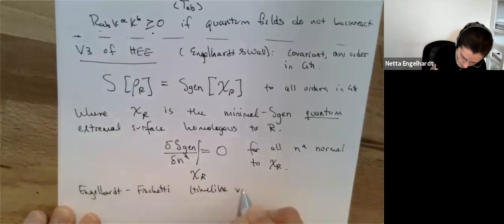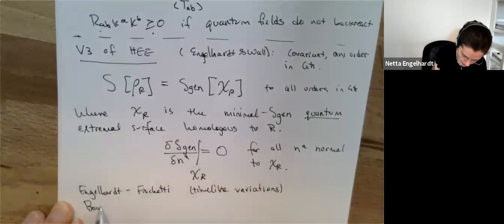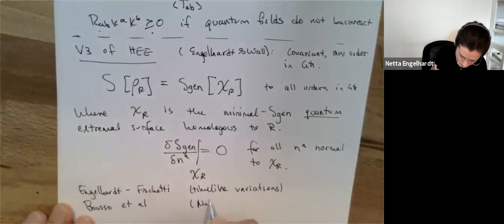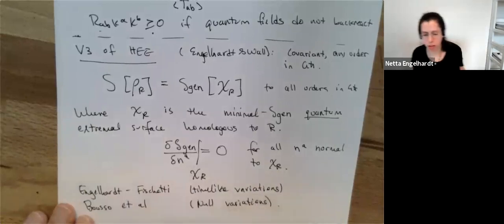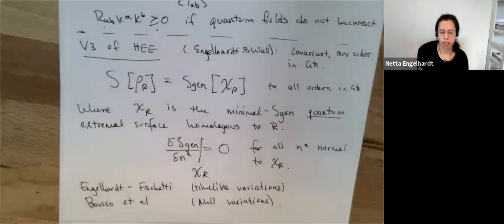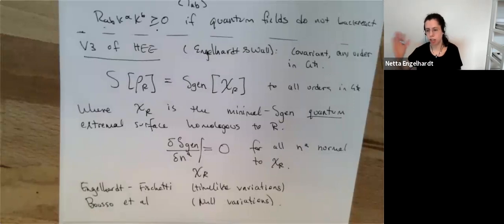But I would say more intuitively, there's a very beautiful formalism by Bousso et al. for null variations. So this is in some sense a lot more useful, because for null variations, you can use something like the generalized second law to compare with something like the causal surface and prove causal wedge inclusion.